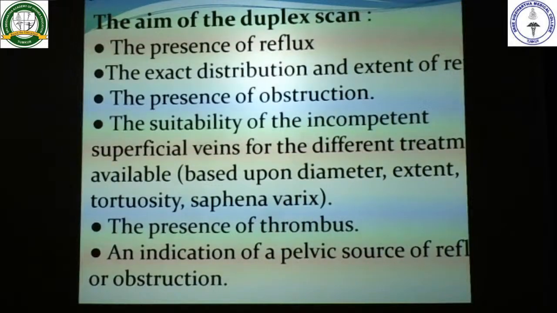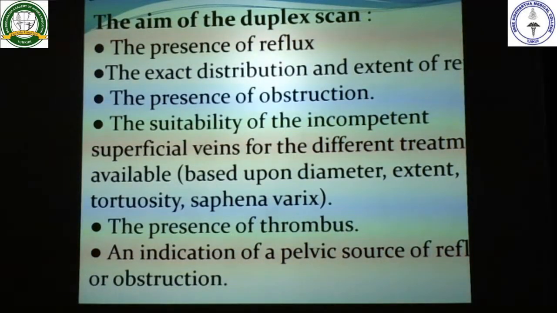So these are all the advantages of doing duplex ultrasound. You can identify the presence of reflux, whether it is superficial, deep, or in the perforators. The exact distribution and extent of the reflux, the exact location of the incompetent perforators, and whether the reflux is mild or moderate can be assessed.